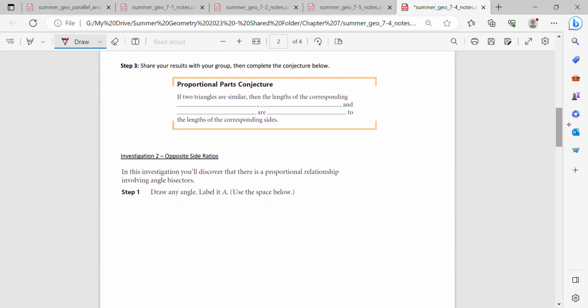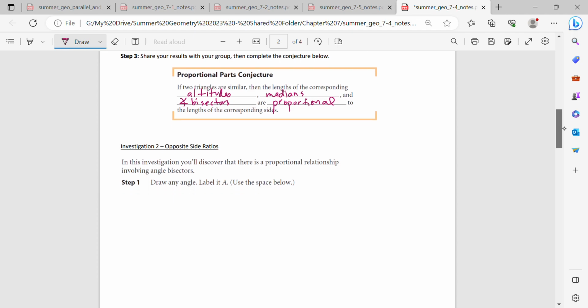If two triangles are similar, then the lengths of the corresponding altitudes, medians, or angle bisectors are, the word is proportional, to the lengths of the corresponding sides. So whatever the original scale factor is, the altitudes, medians, and angle bisectors will also follow that scale factor.